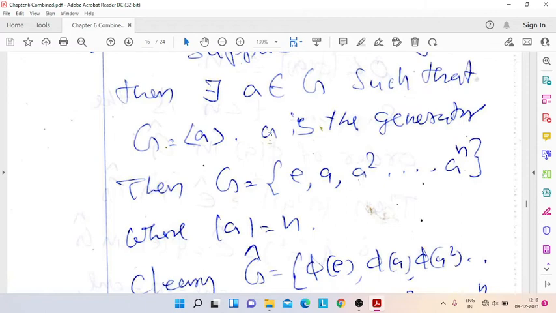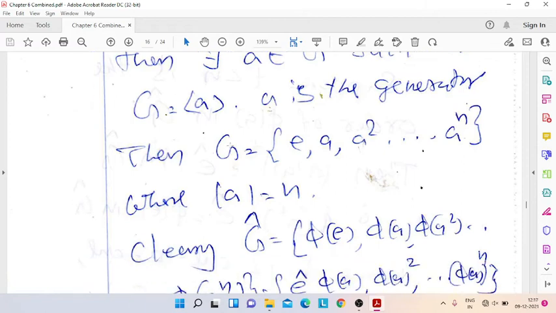We know that a is called the generator. In a different way, we can list all the elements of the group G. They are e, a, a square, etc., different powers of a.